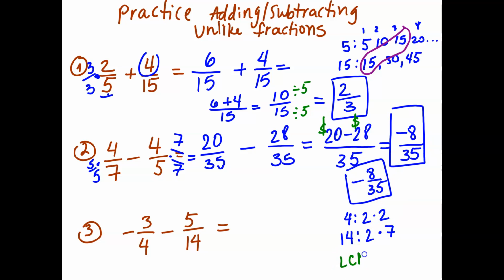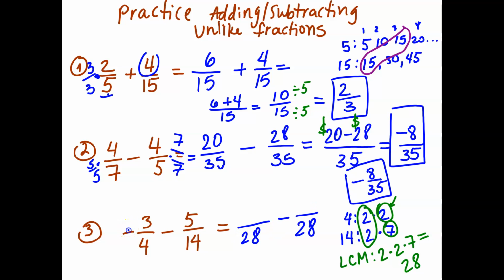The least common multiple of 4 and 14 will have the common factor 2 multiplied by the leftover factors, another 2 times 7, equal to 28. So we need to write both fractions as equivalent fractions with the denominator 28.